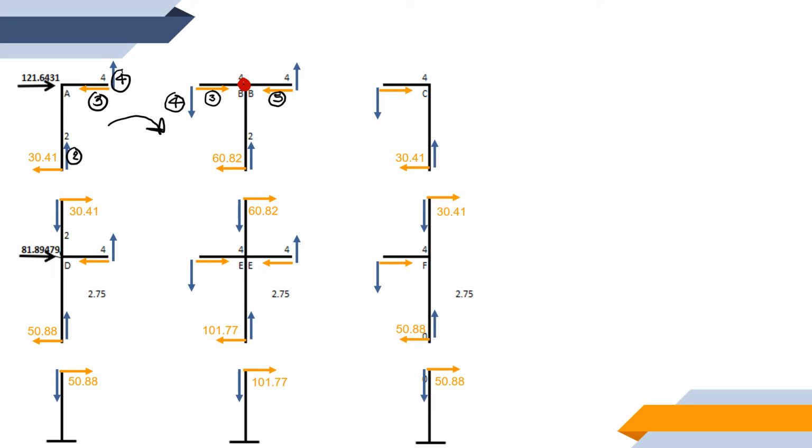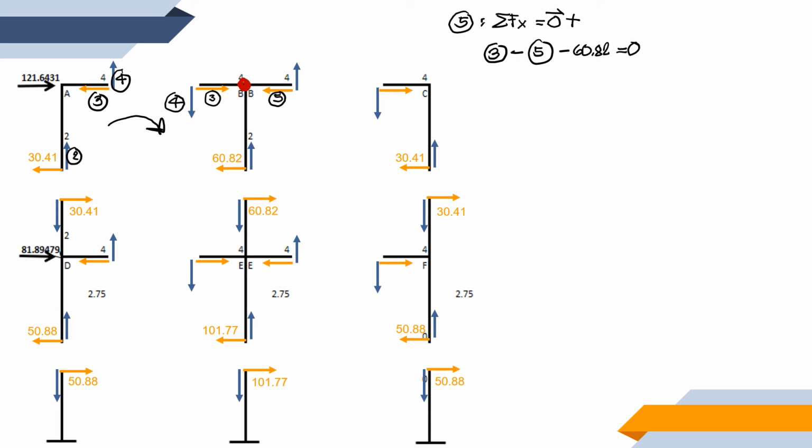Okay, so for force number 5, we are going to sum up forces along x equal to 0. Going to the right is positive. So we have force number 3 minus force number 5 minus 60.82 is equal to 0.